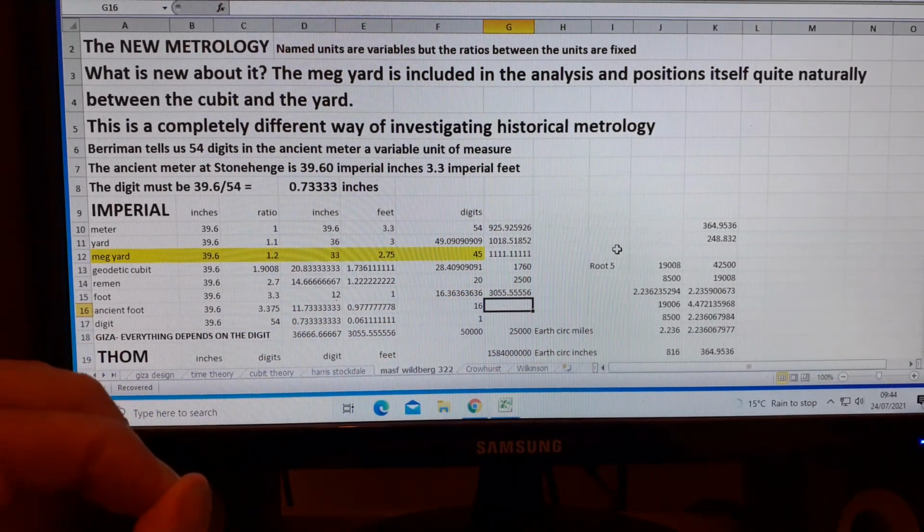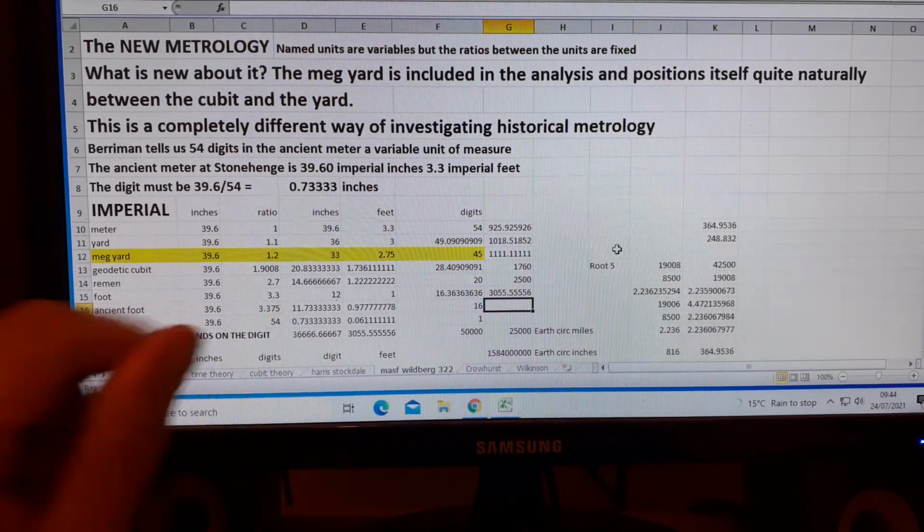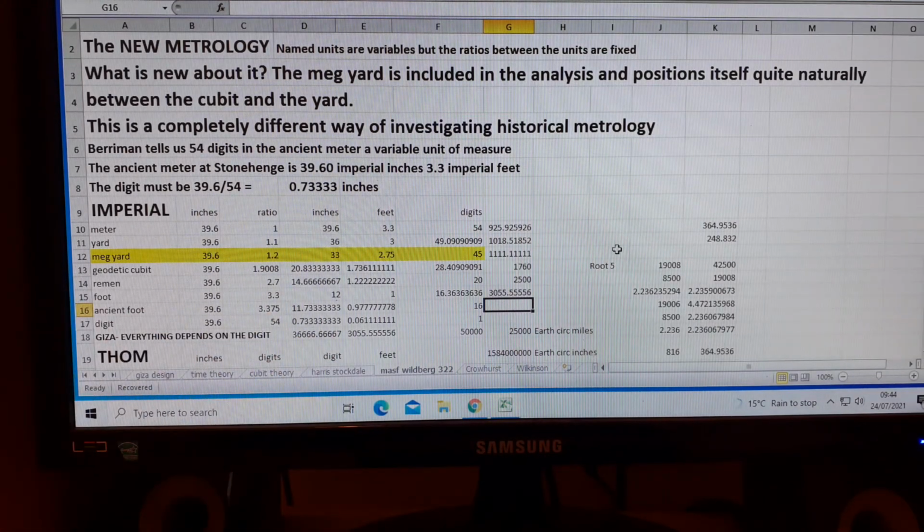We're working this out correctly using Colonel Vyse's measure. How many ancient feet in the Giza base? Another question answered. 3.125 is Babylonian pi. And how many digits are there in the Giza base? Of course, 50,000.